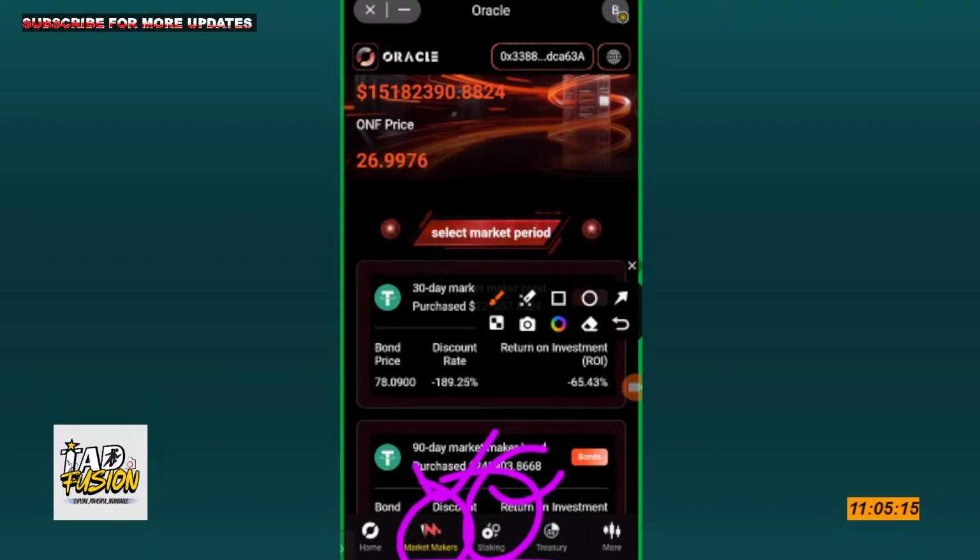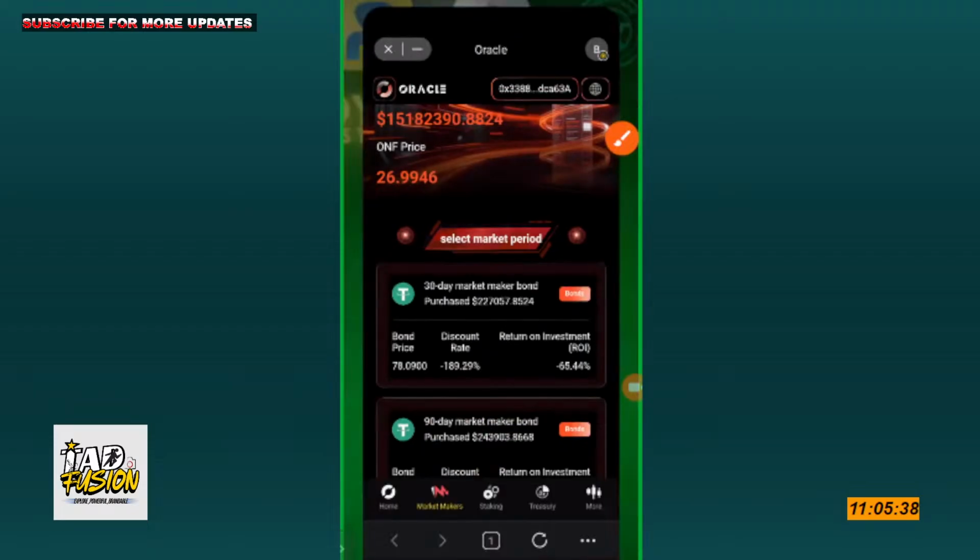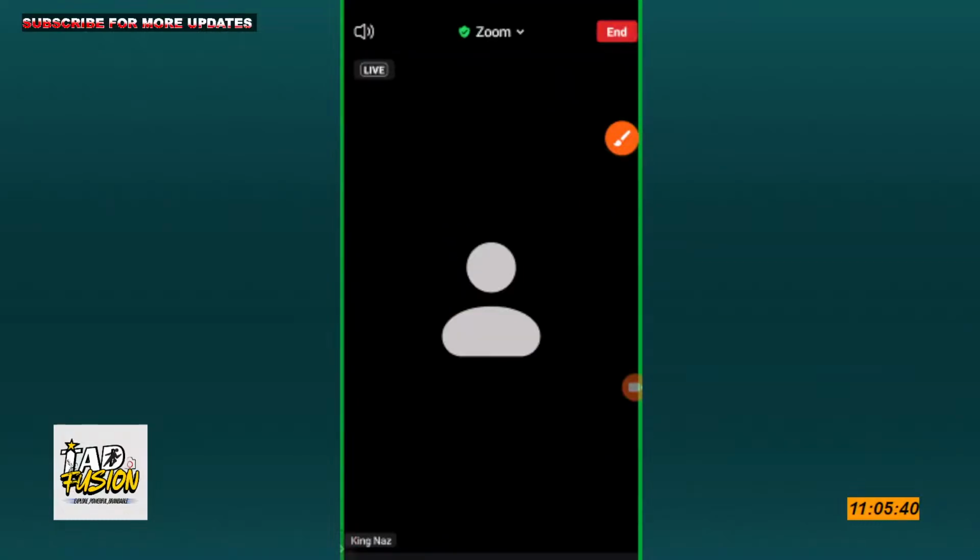And for those under staking, do we also make a profit? All of you under market makers and under staking, you all make a profit. But these two systems were created to maintain the price of the token. That is it. As simple as eating millet, as simple as eating rice. If you want to complicate things for yourself, you complicate them.